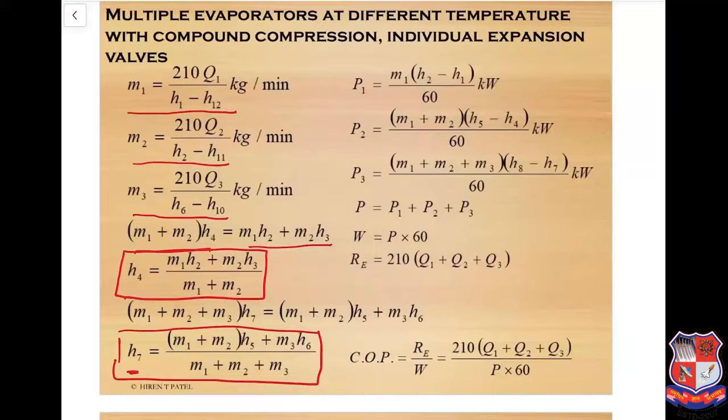From that, the work done will be M1 H2 minus H1 plus, sorry, instead of M2 it will be M1 plus M2, because both masses are passing through the second compressor, into H5 minus H4 plus M1 plus M2 plus M3 into H8 minus H7.